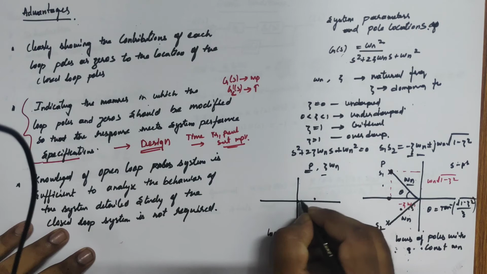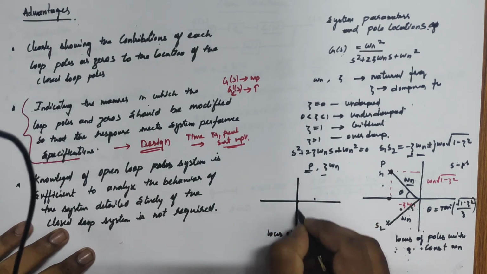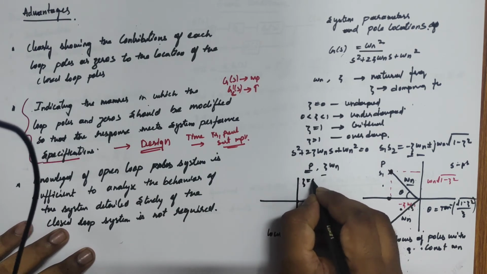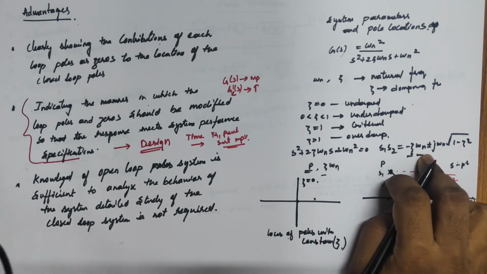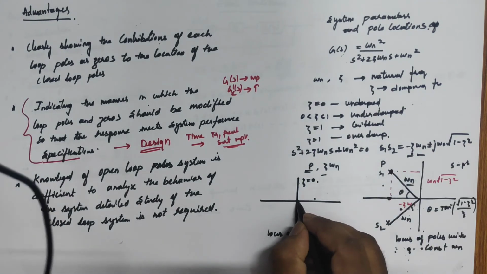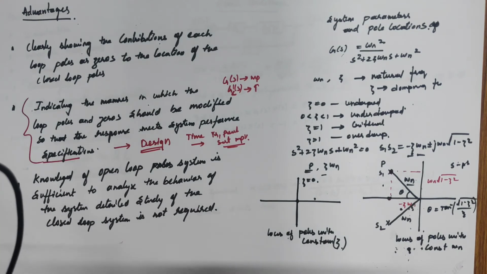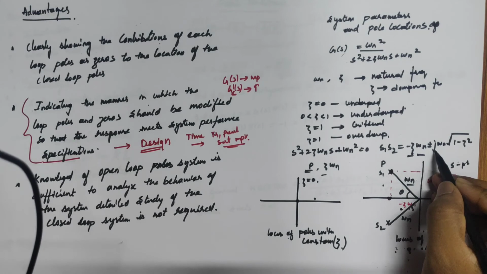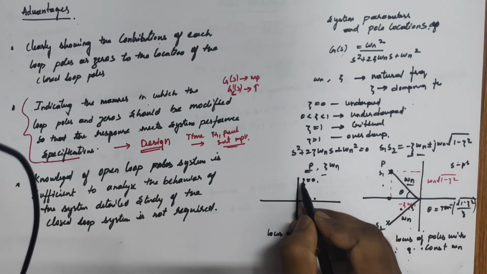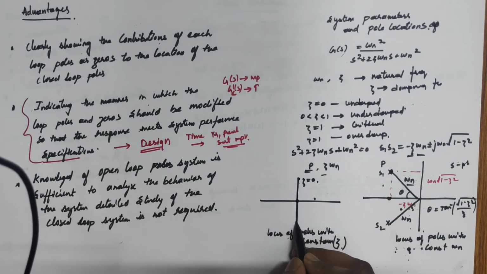So if zeta equals 0, what happens? At the origin I will be obtaining here. Okay, if my zeta value is equal to 0, all my poles will be imaginary, so my poles will be located on the imaginary axis.